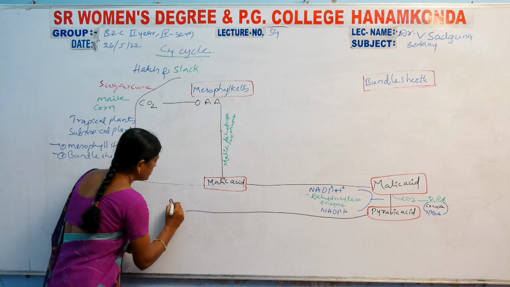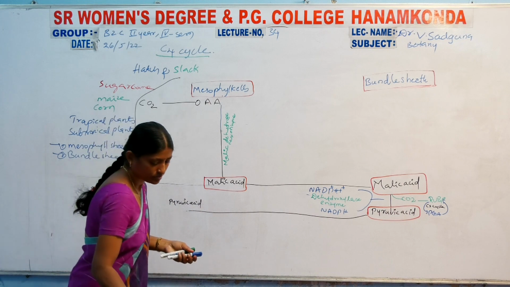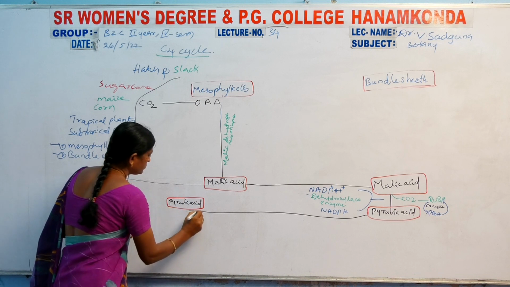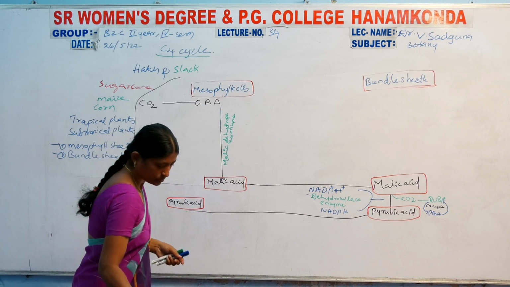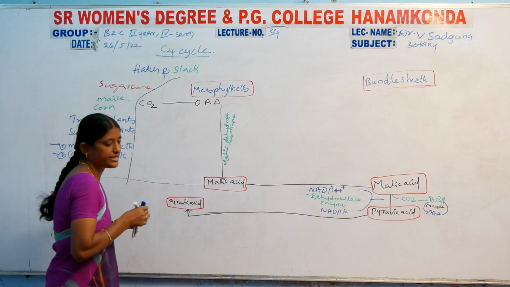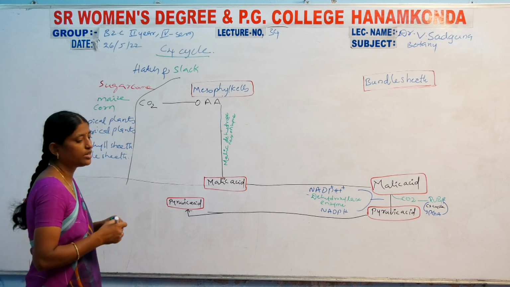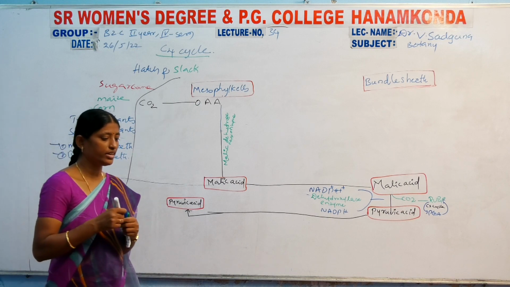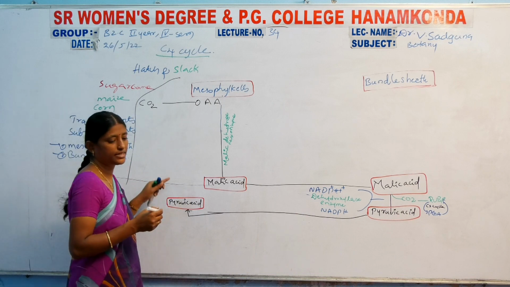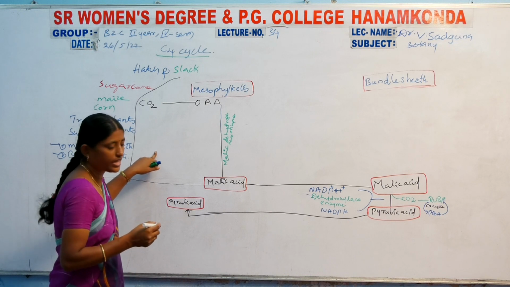So this type of pyruvic acid enters into the mesophyll cells. This one is the pyruvic phosphate dikinase. Then in the presence of phosphoenol pyruvic acid, PEP.